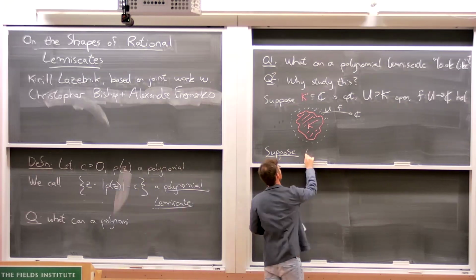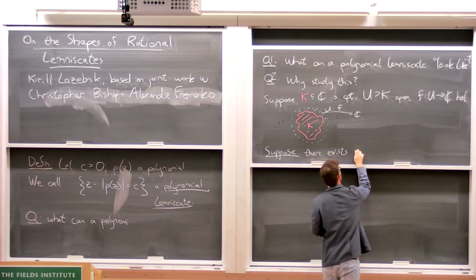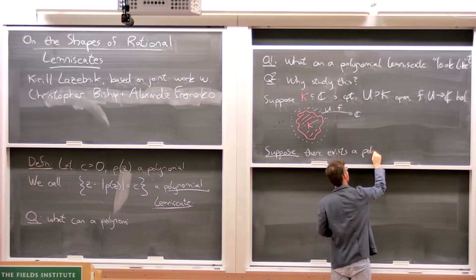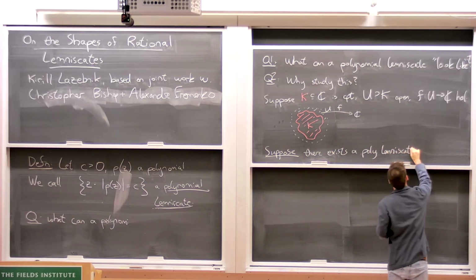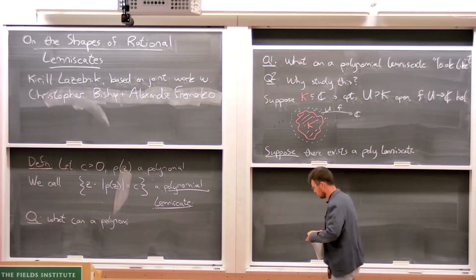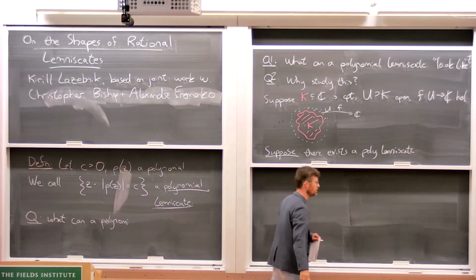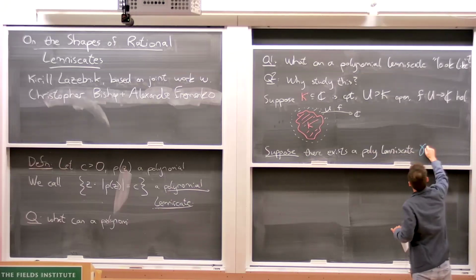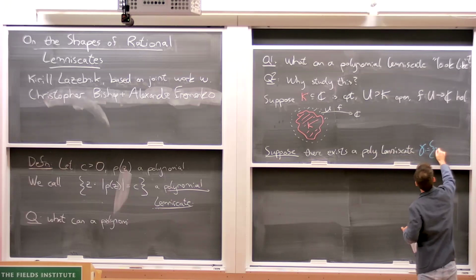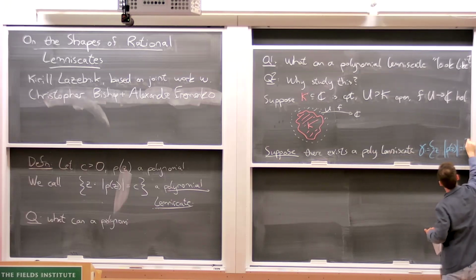So suppose there exists a polynomial Lemniscate, let's use another color, maybe blue, Gamma: the set of z such that the modulus of p of z equals 1.